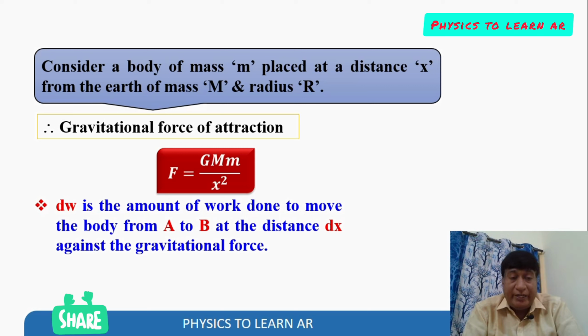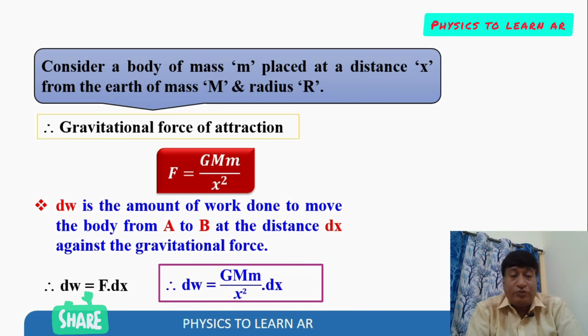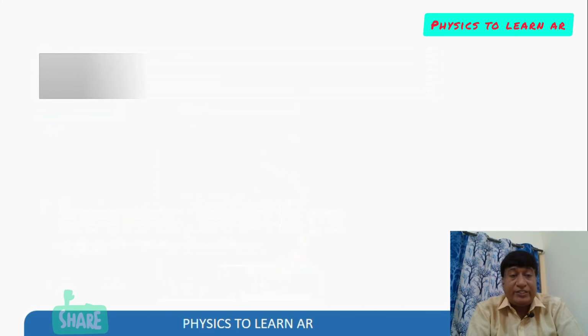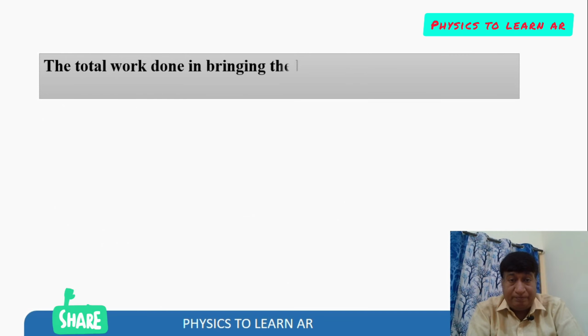That work done I can take as dw, and the distance as dx, against the gravitational force. With that I can write dw is equal to F into dx. By substituting, dw is equal to G M m by x square into dx. Taking this equation, integrating on both sides, we can get it like this.